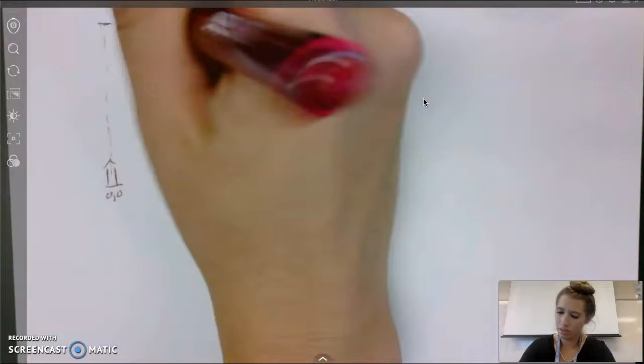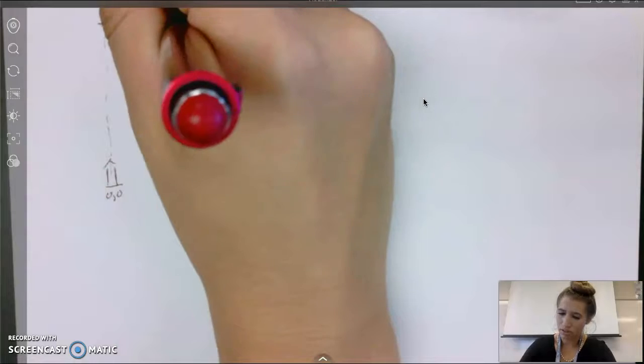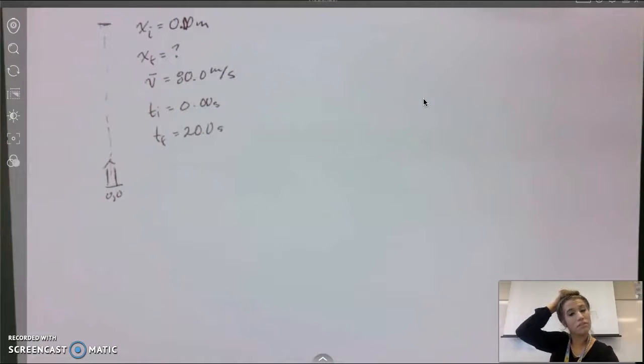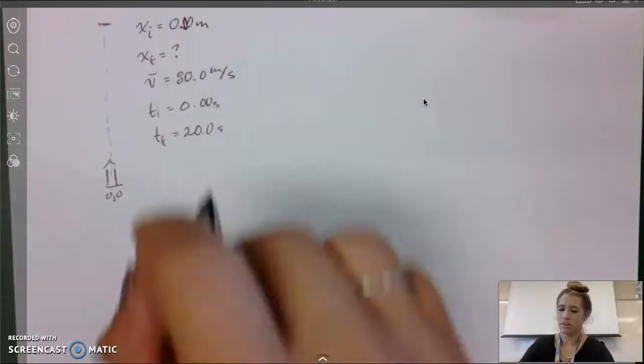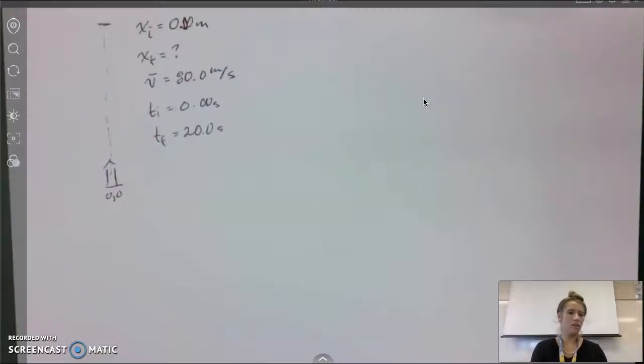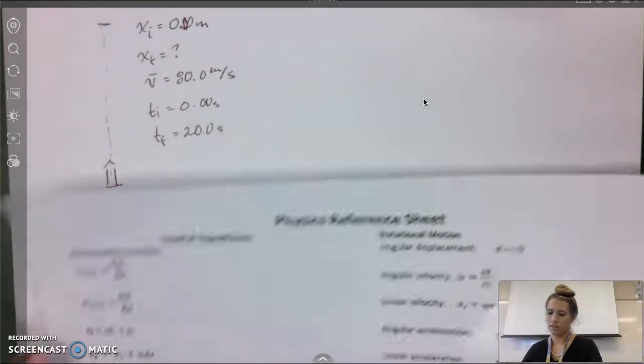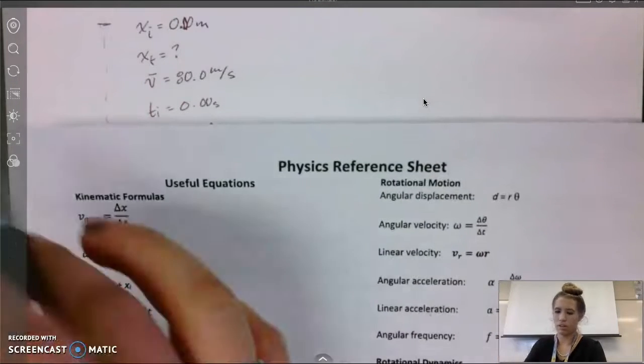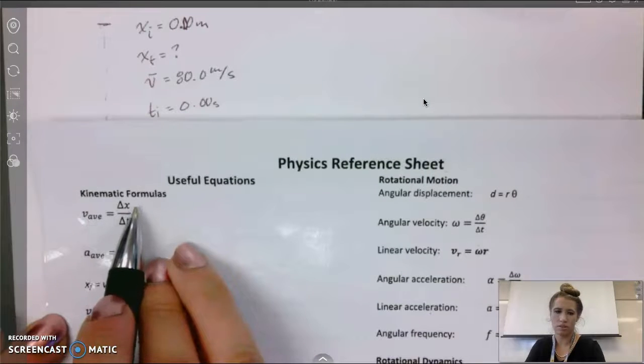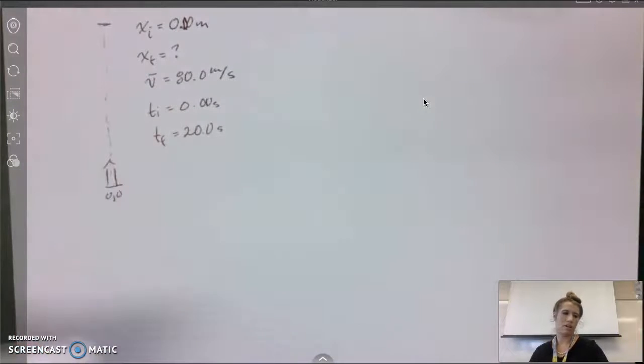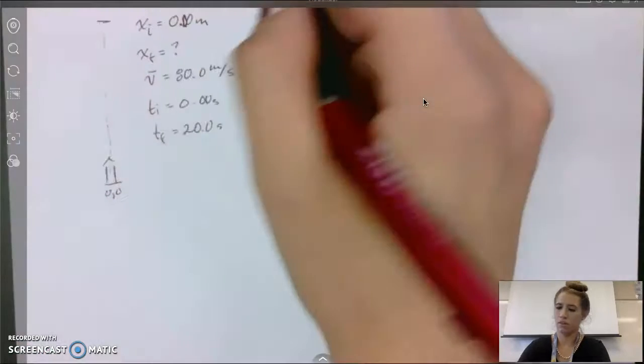Alright, so I added a couple more zeros on just so we have the same amount of sig figs as our other values there. We want to know X final. Well, when you take your test, have your reference sheet, because velocity average is a change in position over a change in time. Okay?